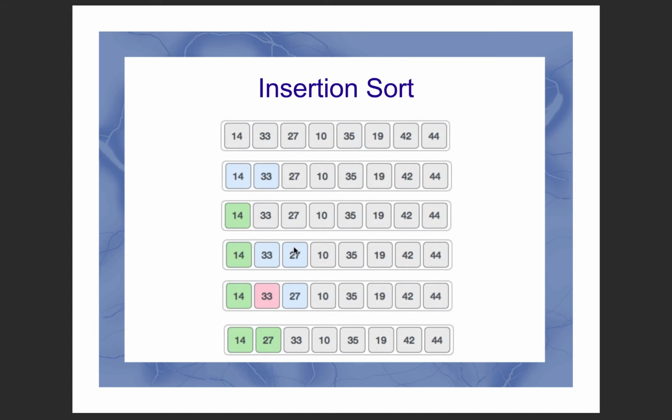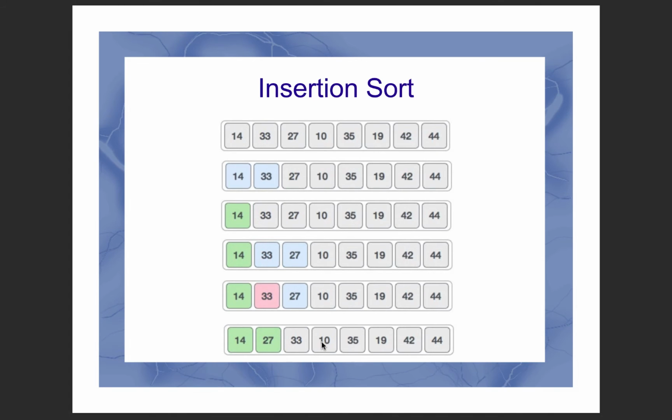We take the element 27 from the unsorted portion and find the right position in the sorted area where we can insert it. So we move 33 over here, then we have 27 over here. Now 14, 27 and 33 are the sorted portion and the rest is the unsorted portion.